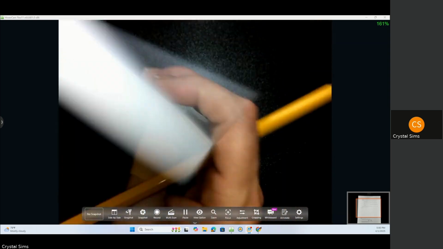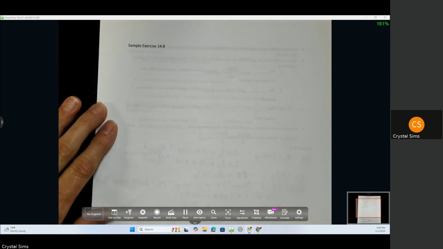So that's what sample exercise 14.8 is going to look at. Sample exercise 14.8 is on page 590, and it takes a look at determining our reaction order from the integrated rate law, looking at data.